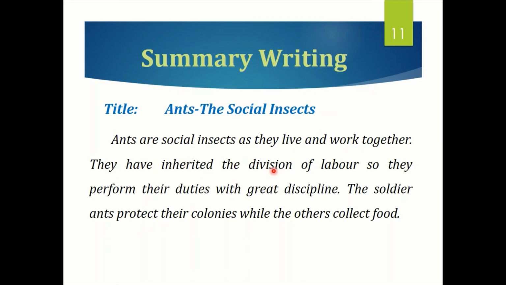They have inherited the division of labor, so they perform their duties with great discipline. The soldier ants protect their colonies while the others collect food. So these are the two kinds of ants, two groups. One is soldier ants who protect their colonies while the others collect food, right? So it is your short summary.